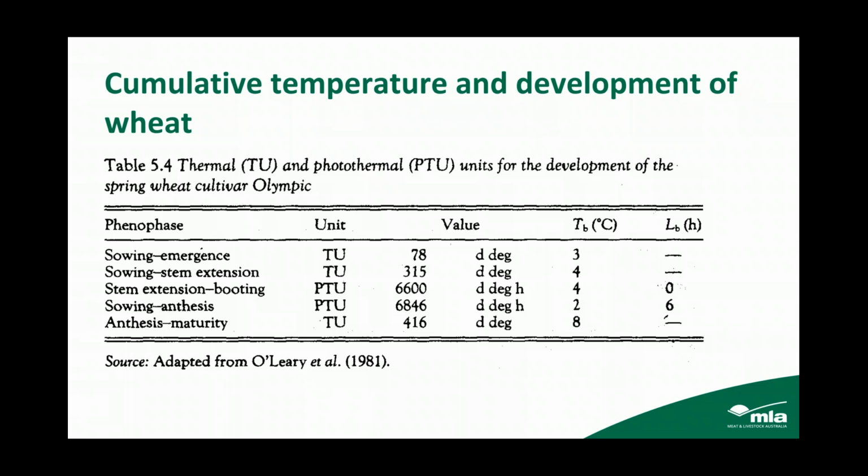Now, unfortunately, a lot of the examples I'll do probably have to do with crop development, because so much more work's been done. But in crop development for a cultivar, an old cultivar called Olympic, the thermal units, another term for that cumulative temperature measure, with a base temperature of 3, if you have a look at that, that's TB, 78 day degrees are needed to go from sowing to emergence, all right?